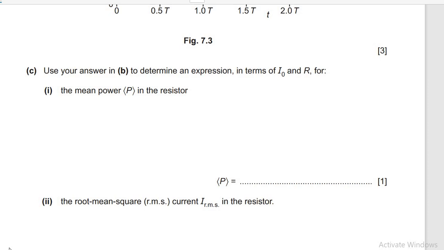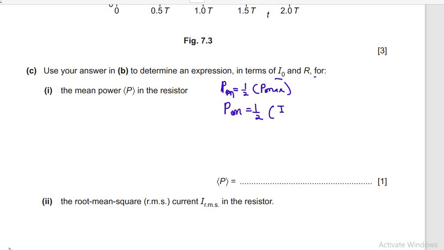So next question. Use the answer in B to determine the expression for I0 and R for the mean power. So the mean power, that's the average power. The mean power is always the average of maximum power.